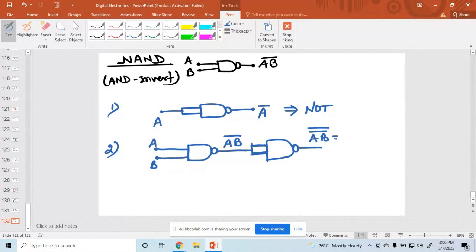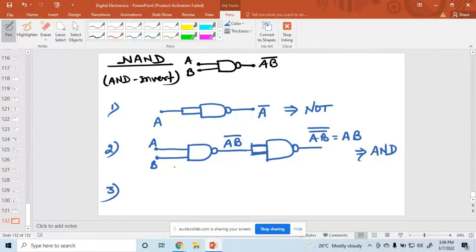No need to apply De Morgan's law, the bars just cancel, and its value is AB. That means this is equal to an AND gate: the input is A and B, and the output is A into B.